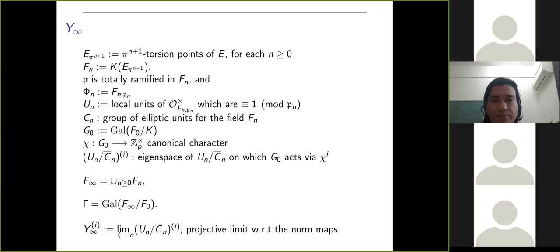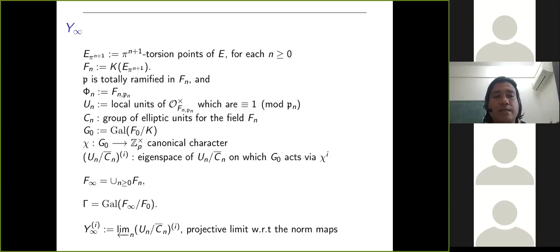But these are certain analogs of the cyclotomic units. And then I can look at the field F0. F0 is nothing but the field which is obtained by attaching just the pi torsion points of E to K.